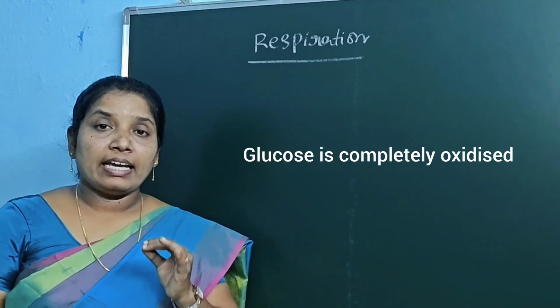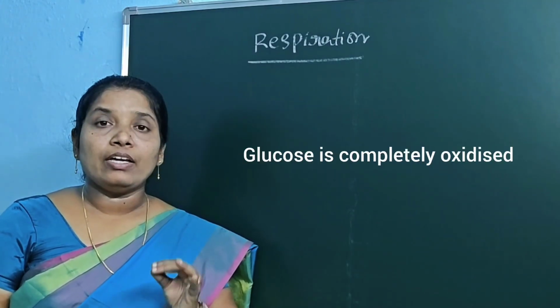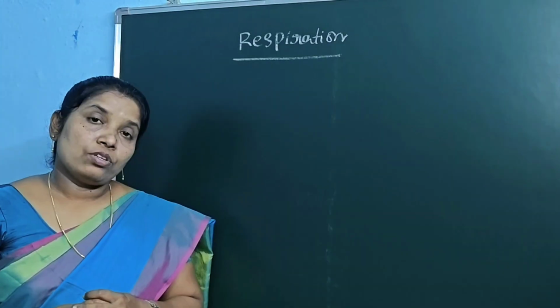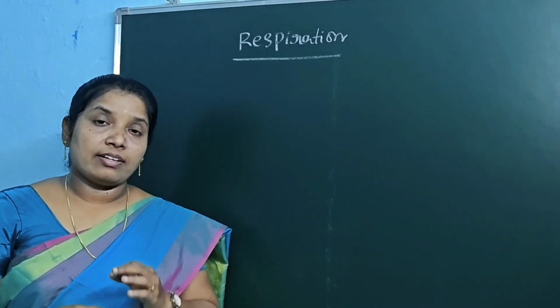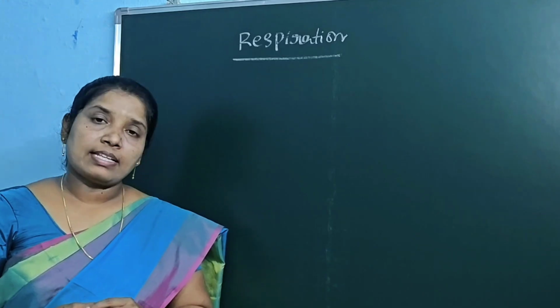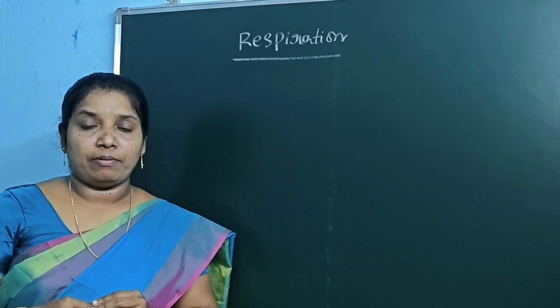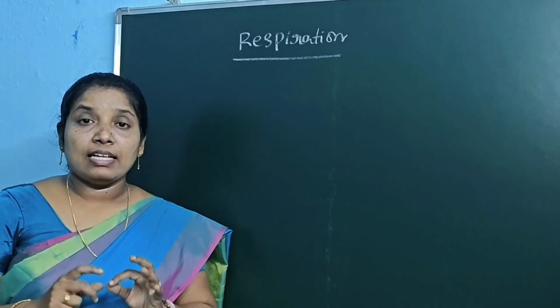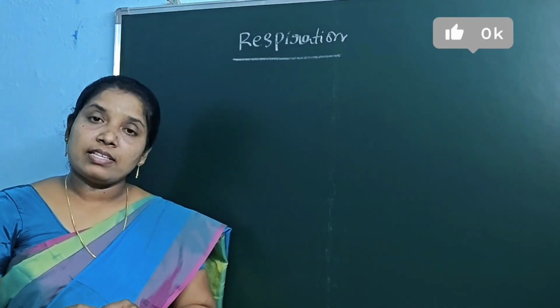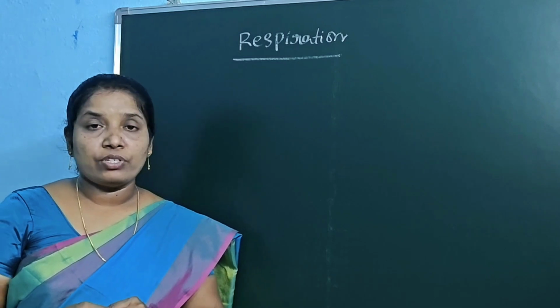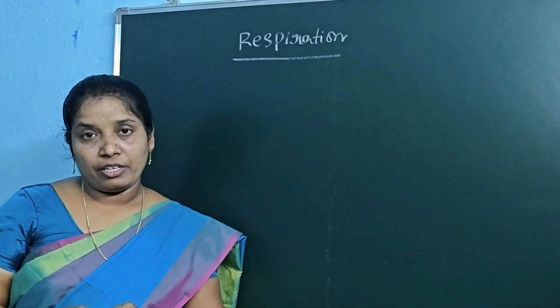Here the food taken is completely oxidized into CO2 and H2O. Cellular respiration occurs in the cytosol or cytoplasm of the cell and in mitochondria. That's why this process is called cellular respiration. In this class we are going to deal with cellular respiration.